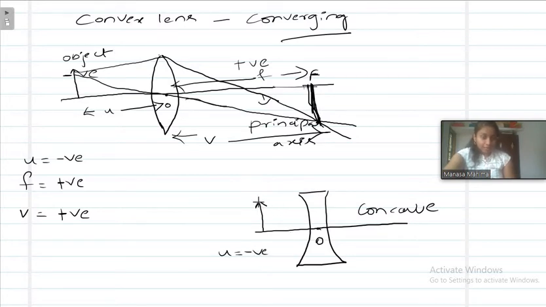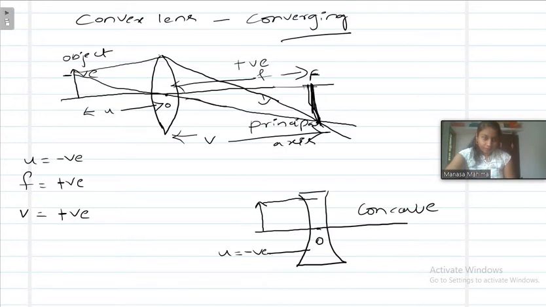And here, if I take these two rays, one that is parallel, and one more which I will take is from here.